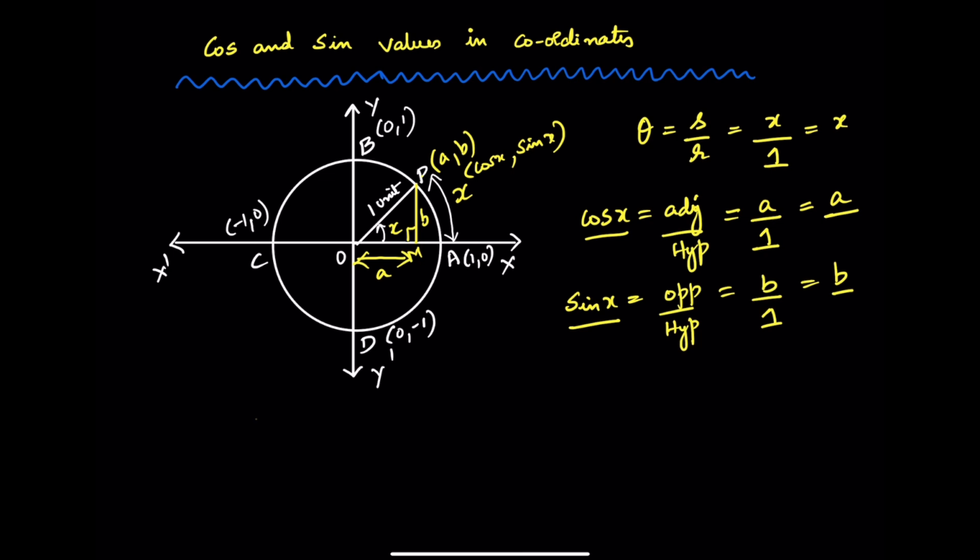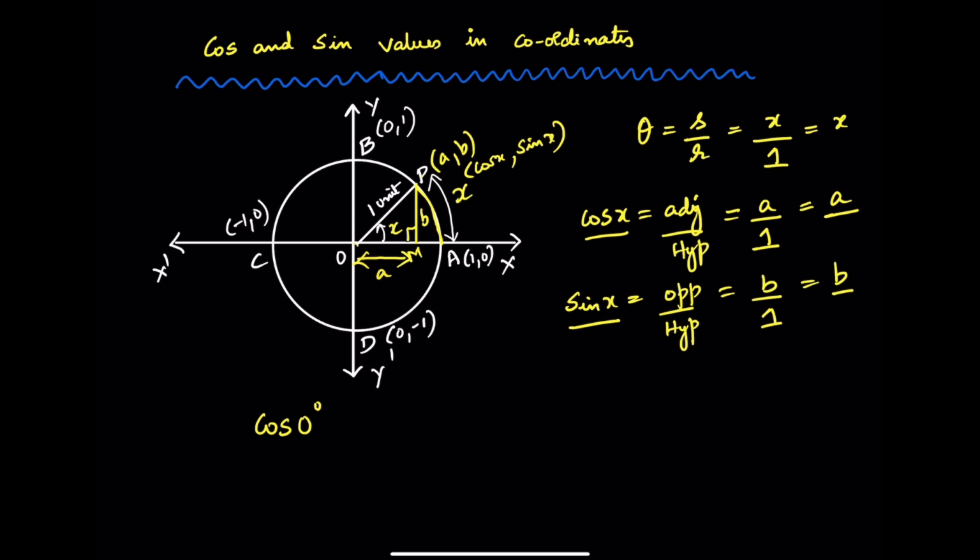Now let's try to find the value of cos 0 degree. When we say cos 0 degree, that means x should be 0. That means when point P is brought back to point A, that is when P and A are at the same point, the angle formed is 0.